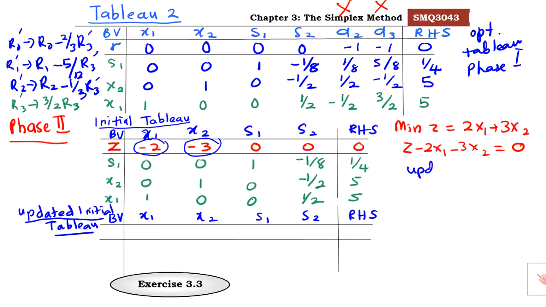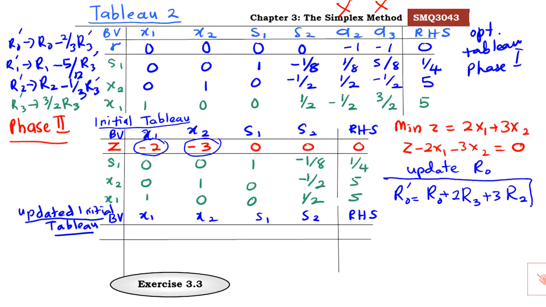So update row 0, and the formula is row 0 new equals row 0 plus, for x1 in row 3 and x2 in row 2, here -2, so positive 2, -3, so positive 3.